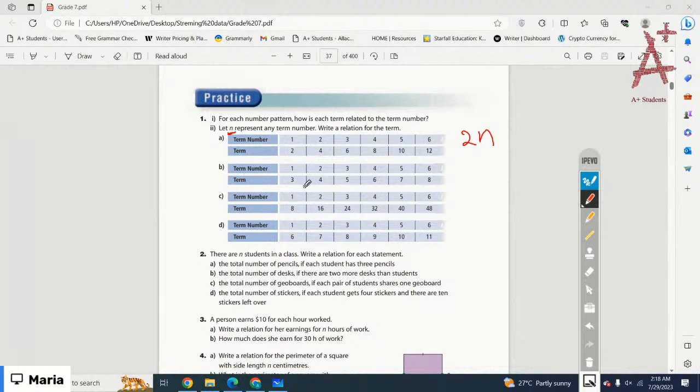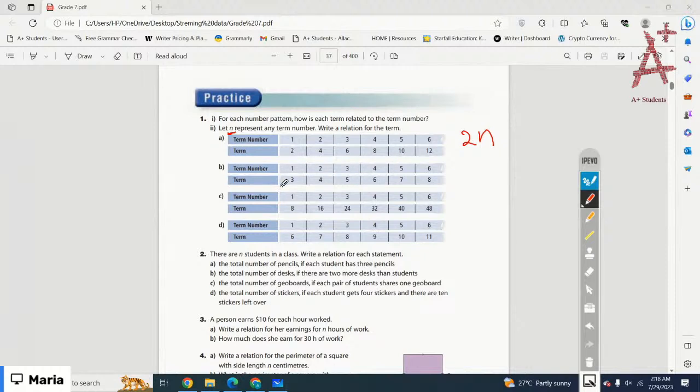Let's just look at this one. 1 and 3, 2, 4, 3, 5, 4, 6, 5, 7, and 6, 8. For the B, you have to identify the relationship. 1, 3, 2, 4.